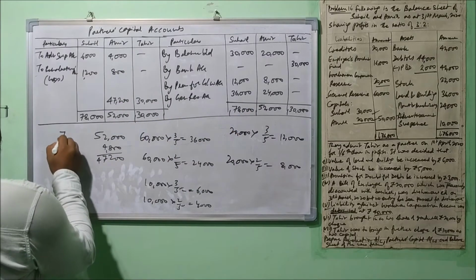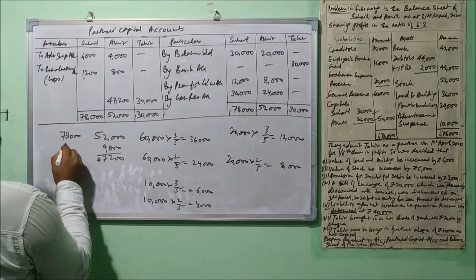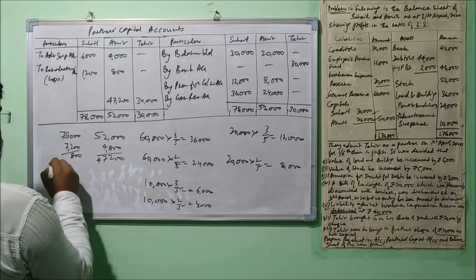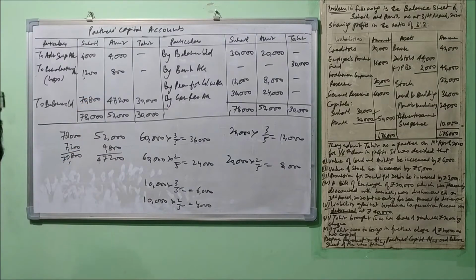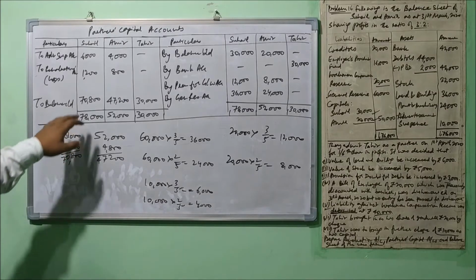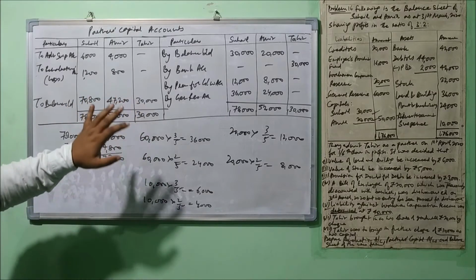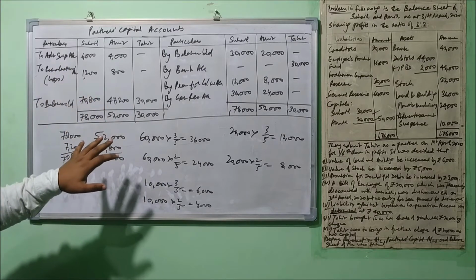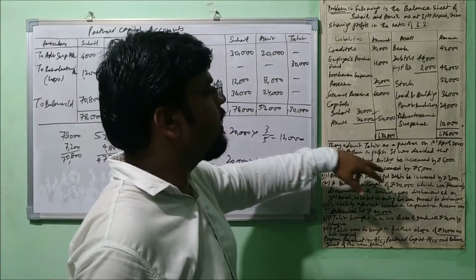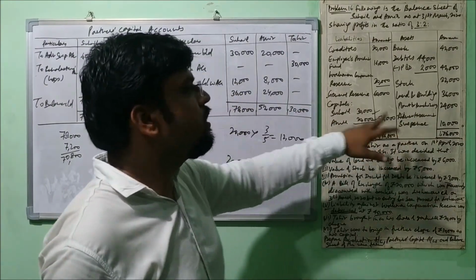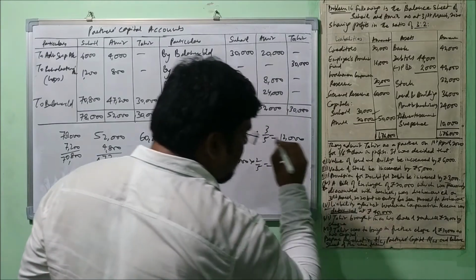Now out of this 78,000, we'll have to deduct that 7,200. And how much does it come out? Let's see. 70,800. These are the balances to be forwarded to the balance sheet: 70,800, 47,200 and 30,000. Remember, whenever you prepare the partners' capital account, take care of the reserve. Reserves are on this side, and take care of the losses. Losses are on that side. Understood?